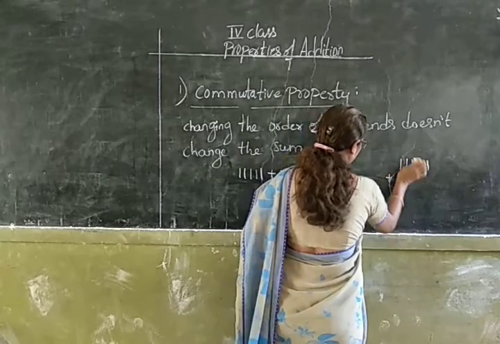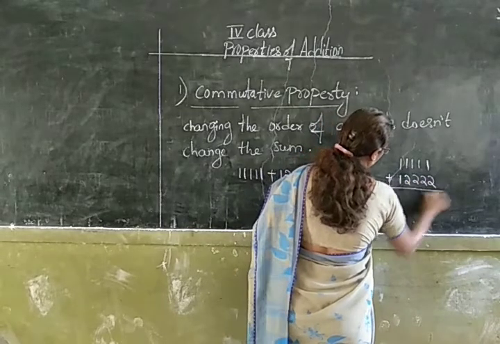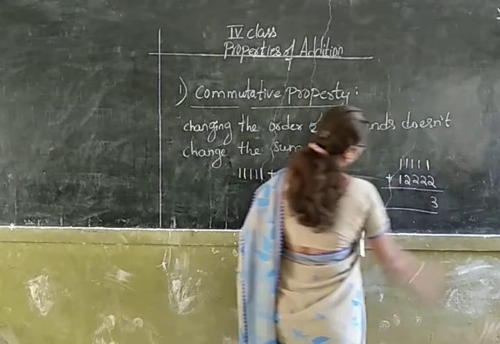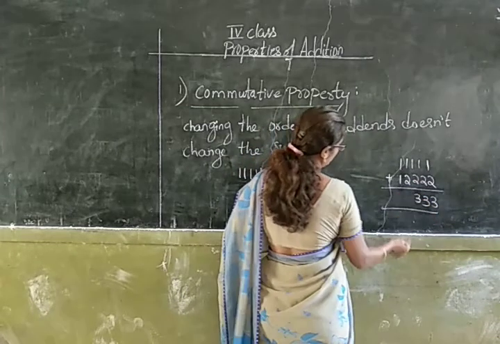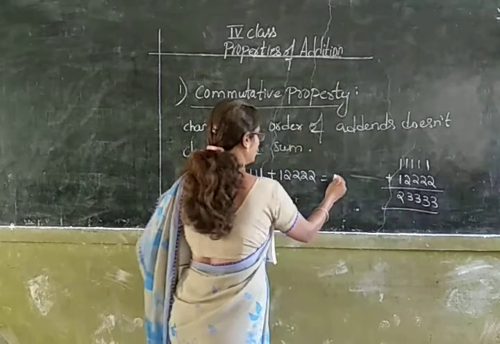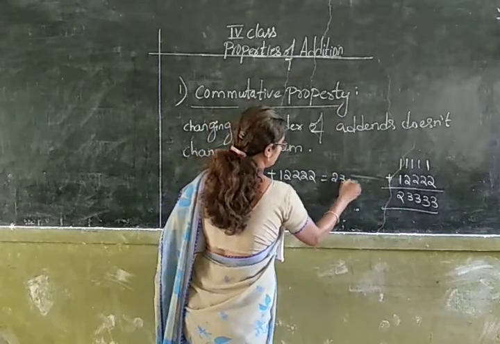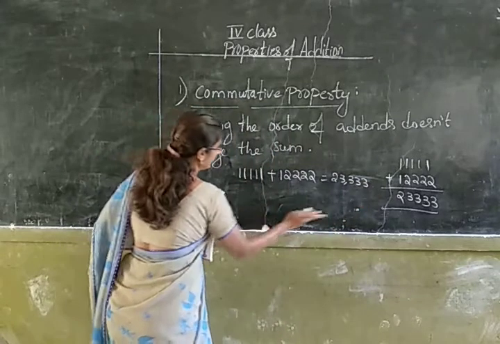Here 1 plus 2 is 3, 1 plus 2 is 3, 1 plus 2 is 3, 1 plus 2 is 3, and 1 plus 1 is 2. That is equal to 23,333.